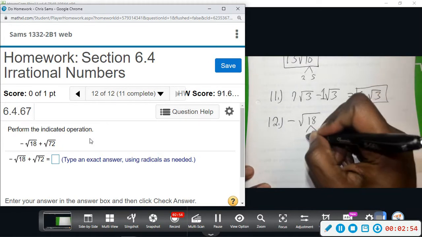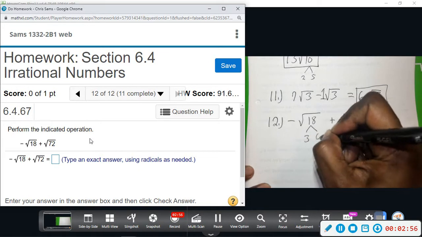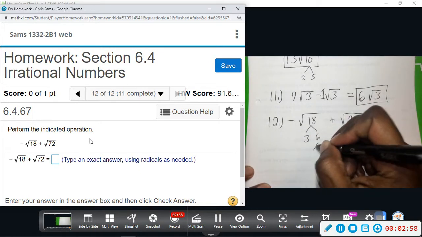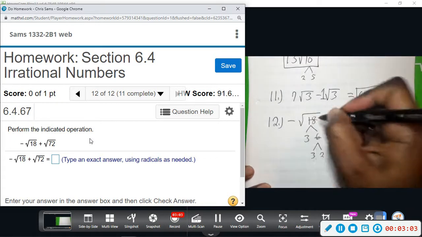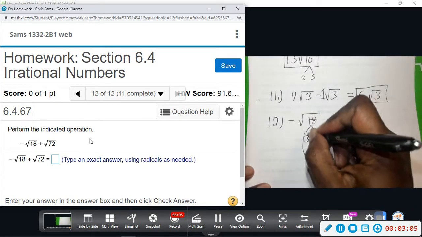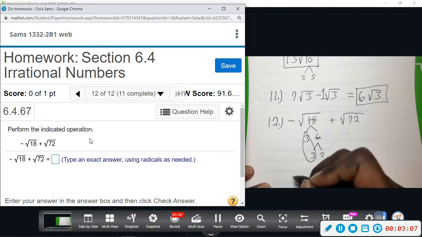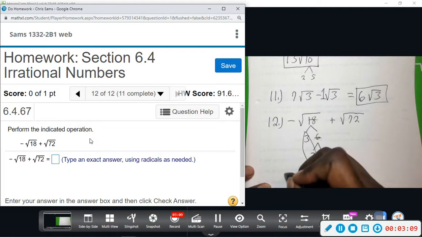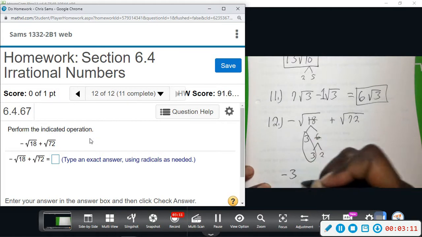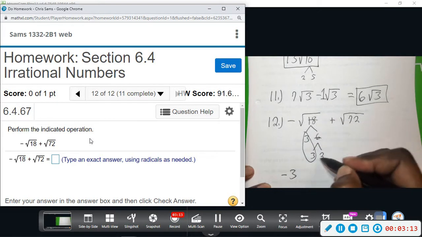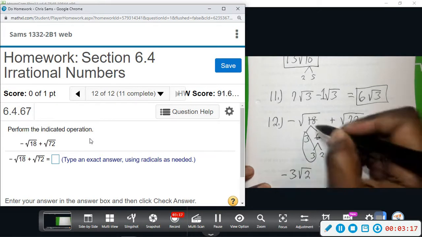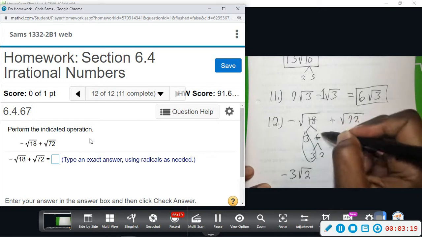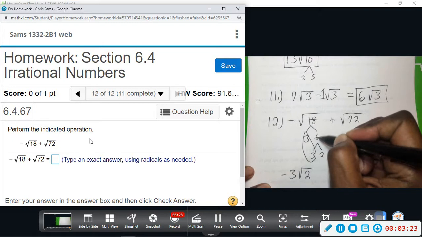This will be 3 times 6 and 3 times 2. We got a pair of 3's, so that means I get to pull a 3 out, and it's negative, so I'm going to say negative 3, and then what's left is the 2. It didn't have a pair, so square root of 2. And what I do is I scratch out the ones that I break down, so I know it's no longer 18, it's 3 times 6, and it's no longer 6, it's 3 times 2.